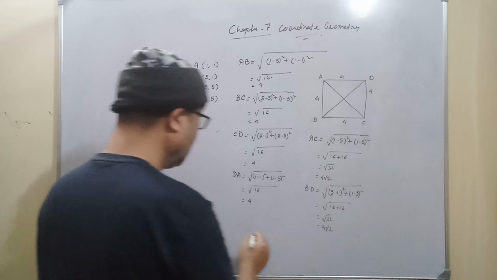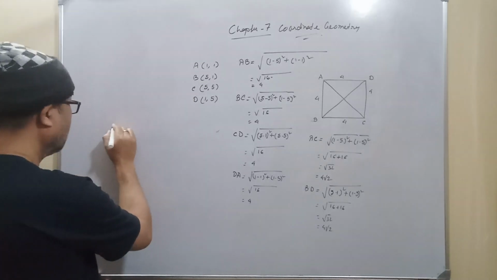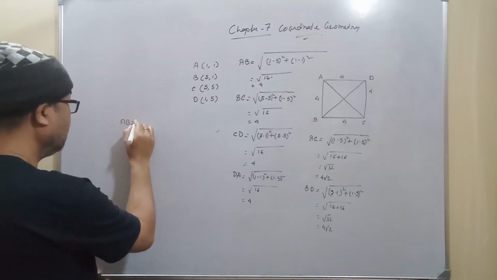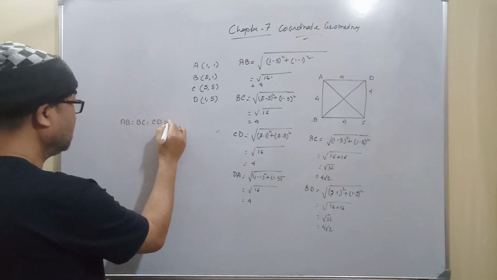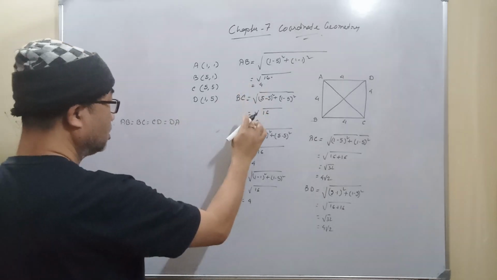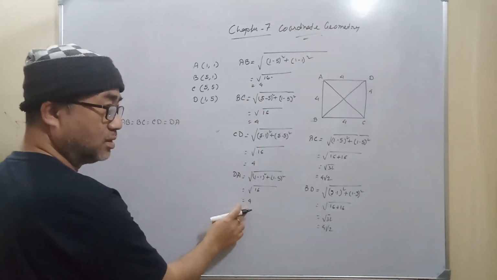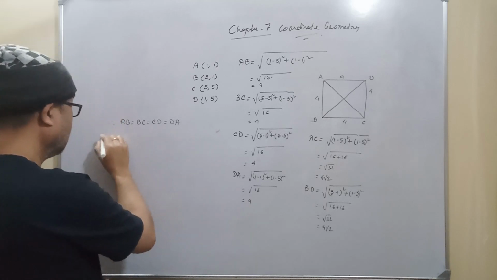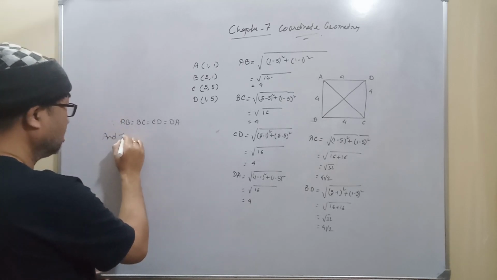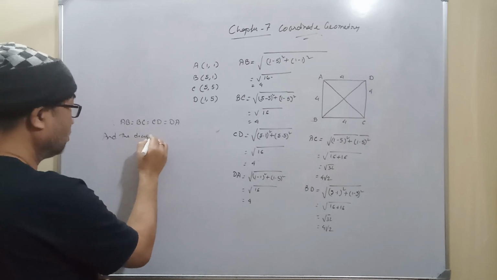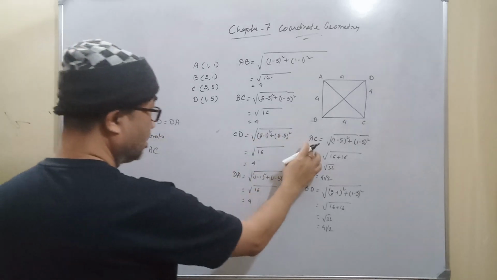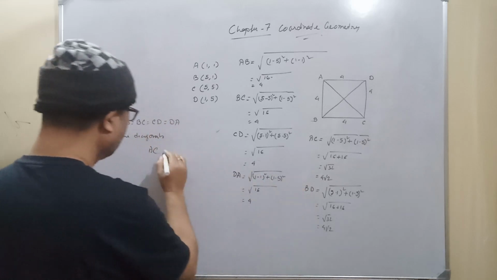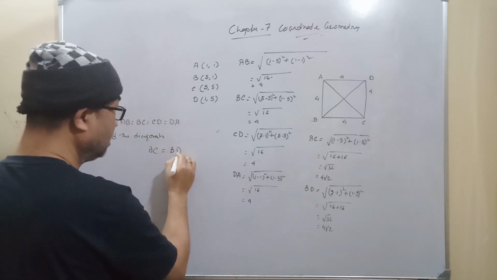So we have, hence AB is equal to BC, CD equal to DA. All the four values are equal and diagonals AC and BD are equal.